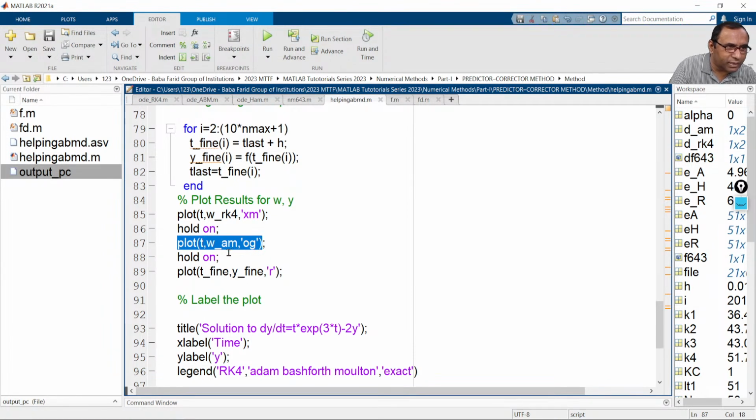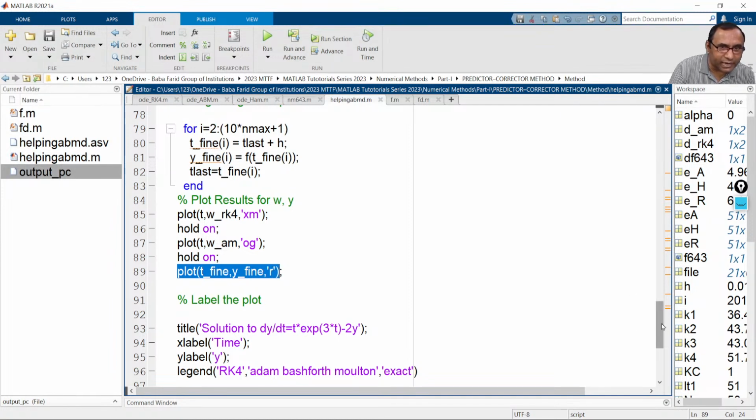Then this is the plot for the exact solution. So we have here three graphs. One is using Rankata fourth order, one is the analytic solution, and one is the Adam Moulton method.